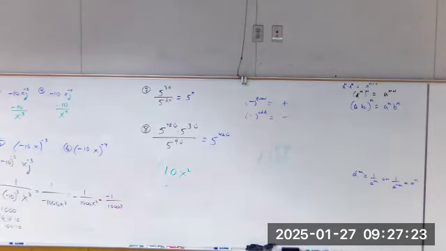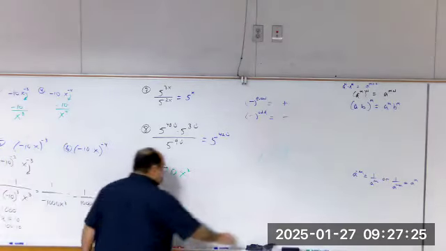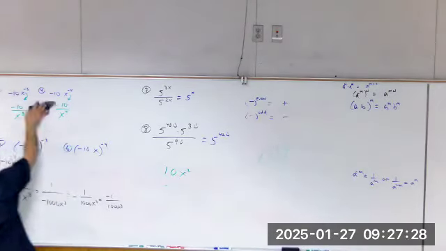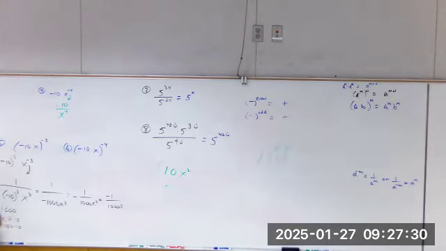But you can also do it this way. This whole thing is to a negative 3. So because it's in parentheses, I can flip the whole thing down: 1 over negative 10 x, and this is now a positive 3.